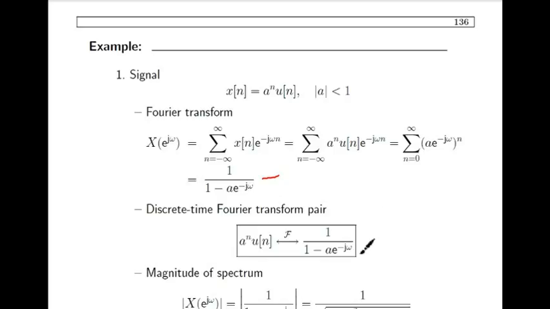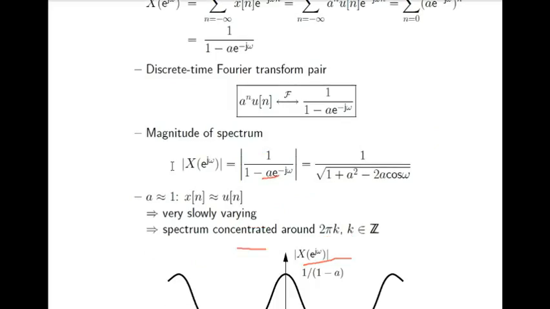So this is the discrete time Fourier transform pair. For this signal, the Fourier transform is this, and its magnitude will be this. You can just expand the e to the power minus j omega term with the help of Euler's formula, and then you can take out the mod of this expression very easily.